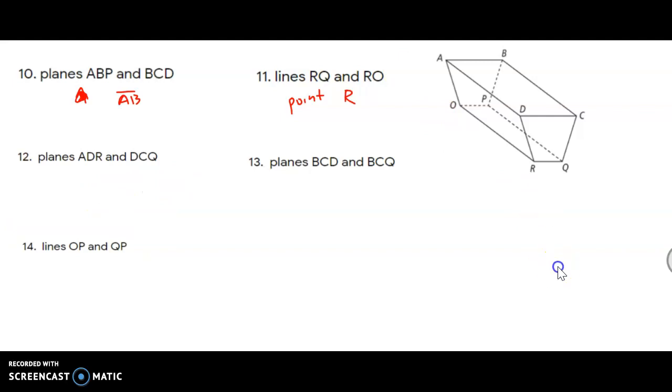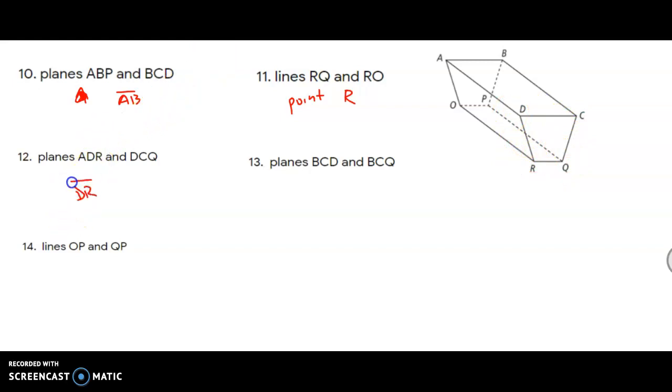Planes ADR and DCQ. So ADR and DCQ, I believe, intersect at segment DR. Right? ADR, this side here, okay, and DCQ, okay, intersect at the segment DR. Okay.